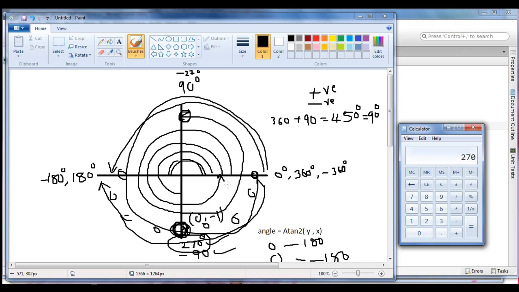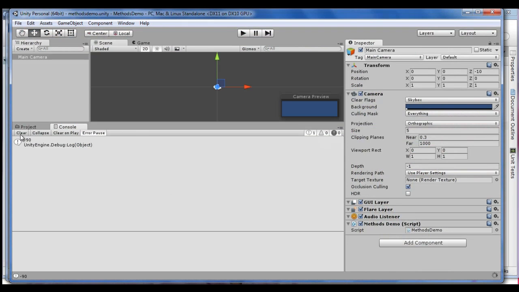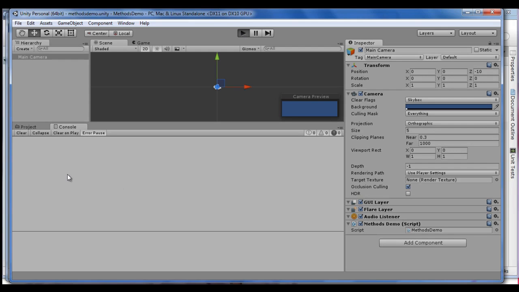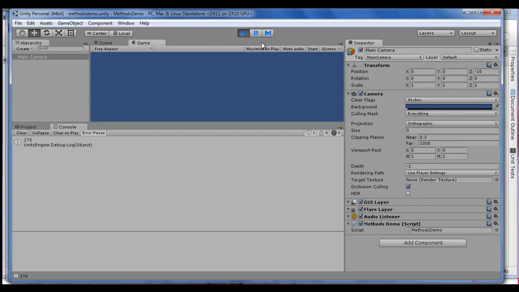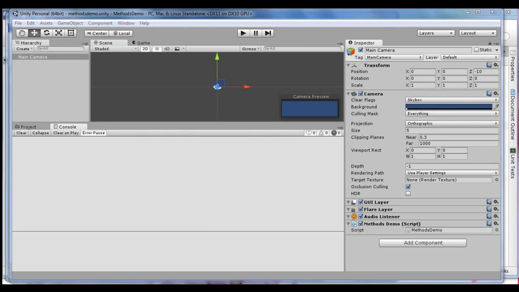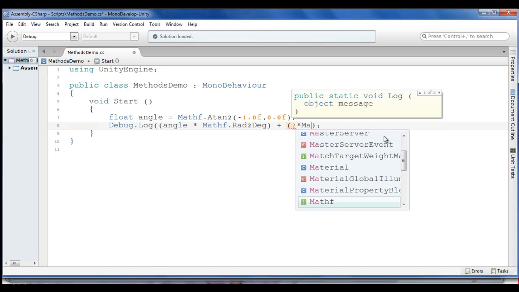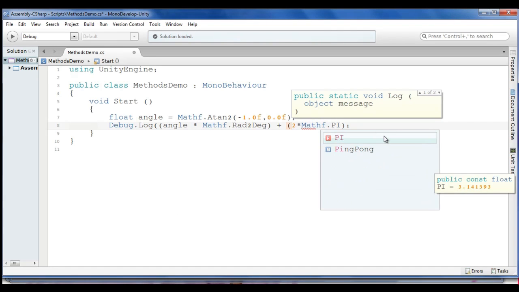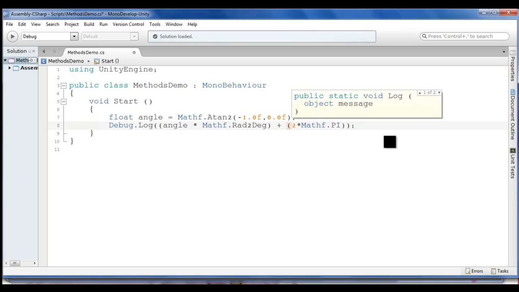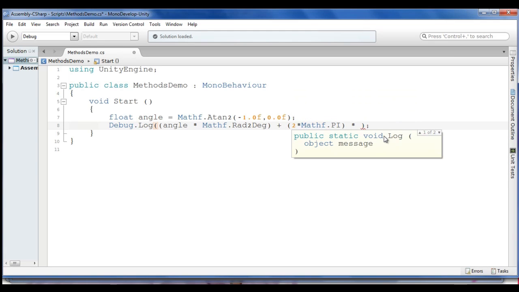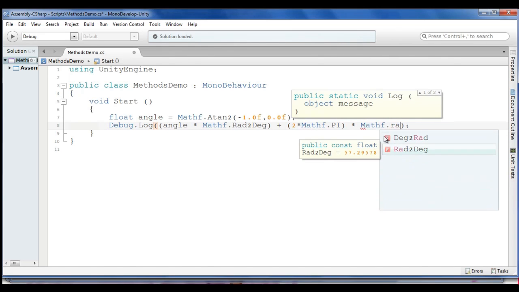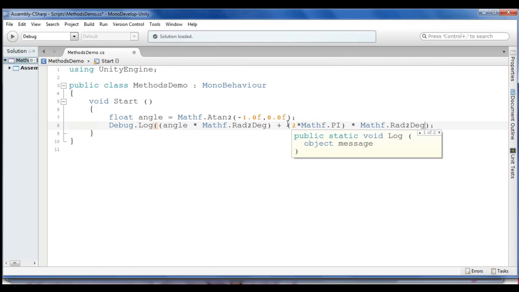So you need to understand how we write code to get the required result. If I run the code, you should see now 270. We can say that 360 degrees is 2 pi radians. So we can write 2 into Mathf.PI, that is 2 pi, and we have to multiply this by Mathf.Rad2Deg, because I should get 360 here.